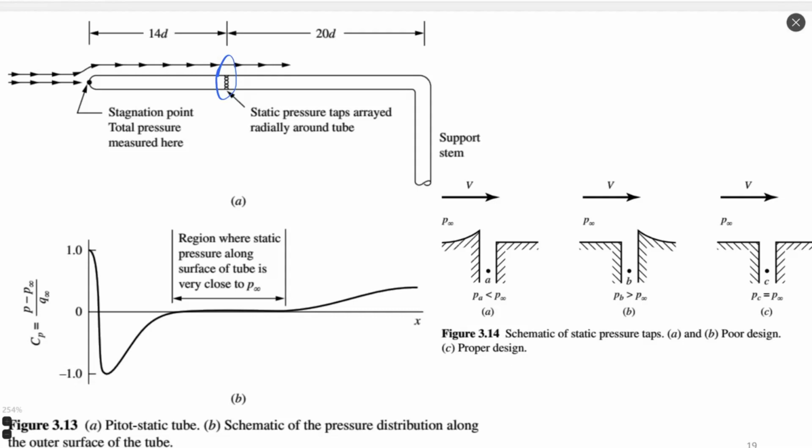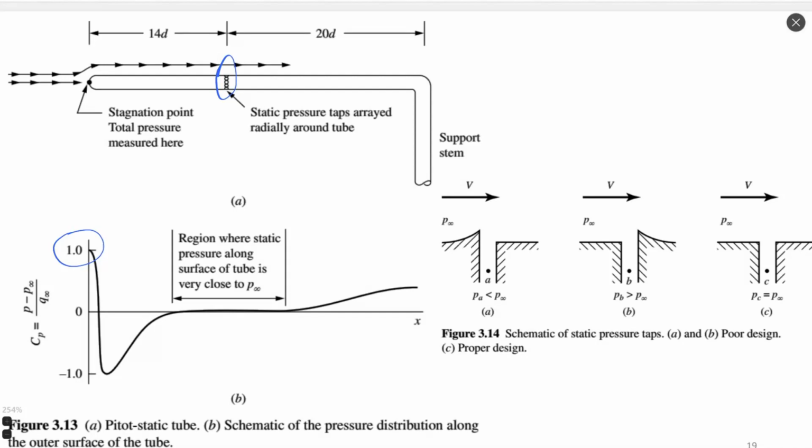where in the tip of the probe, at the stagnation point, we have a raised value of pressure coefficient. So here we cannot put side orifices very close to this tip, because since the pressure coefficient is high, the value of pressure is higher than ambient pressure, so we cannot measure ambient pressure.